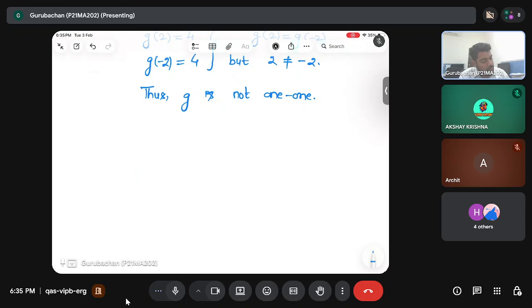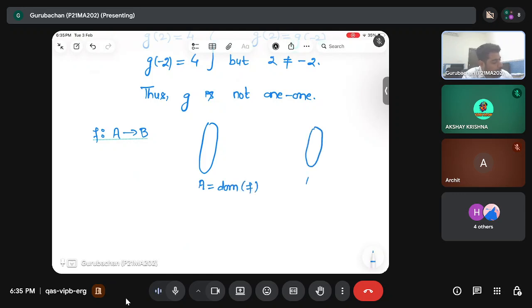So f is defined from A to B. This is A, which is nothing but the domain of f. This is B, the codomain of f.